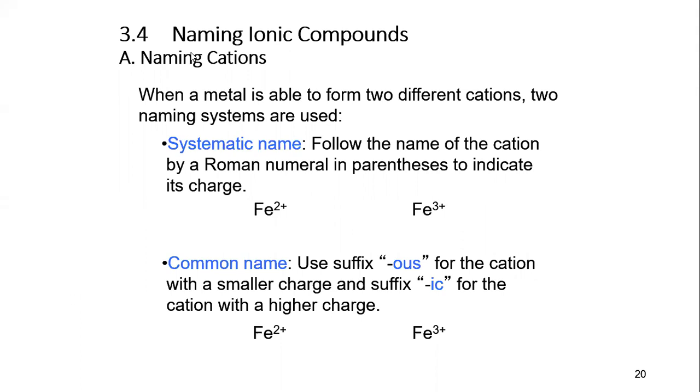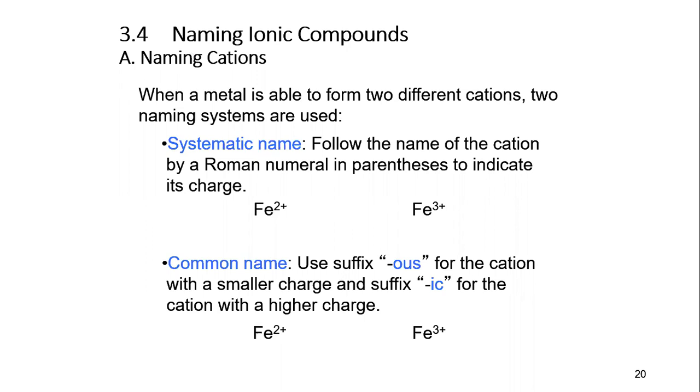One way is the systematic naming, where we use a Roman numeral to indicate the charge of the cation. The other way is the common name, in which we use the suffixes OUS for the cation with the smaller charge and IC for the cation with the greater charge.